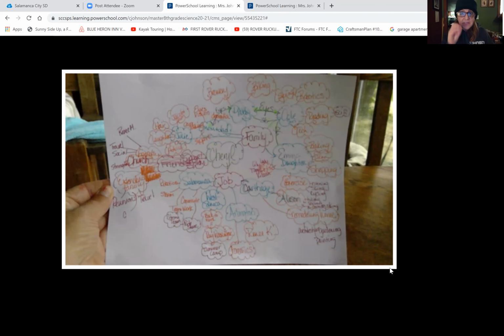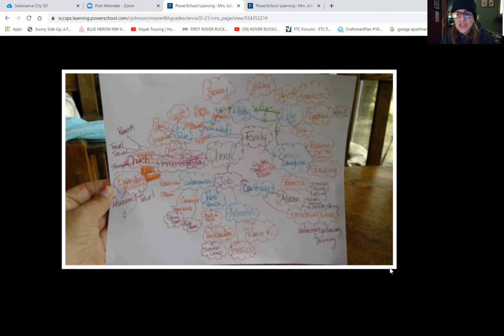I had put myself in the center, and then around me, I had my family, my job, and my support system. And then off of each of those, off of my family, and I showed you last week, I had my husband, Dave, my son, Cole, my daughter, Emma, but I also had my family before I was an adult. And that included my mom and my dad, my sister.